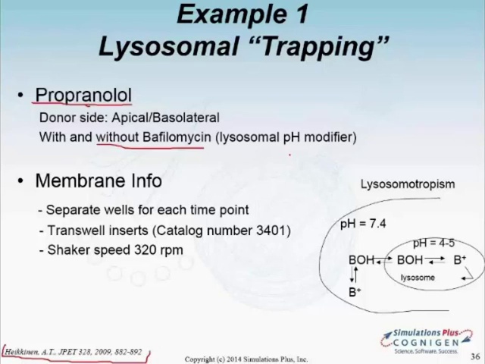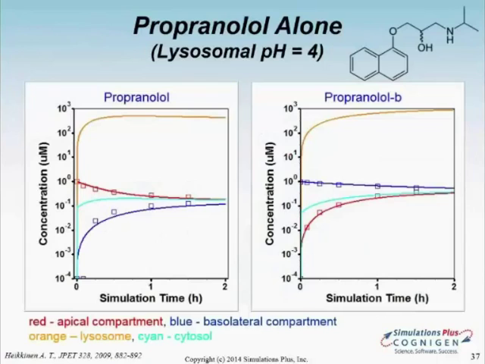So we use this example to see whether changes in our lysosomal pH is able to reproduce the effect of the bafilomycin. And these are the results of the model when propranolol was administered alone with standard lysosomal pH at 4 that was used in the simulation.